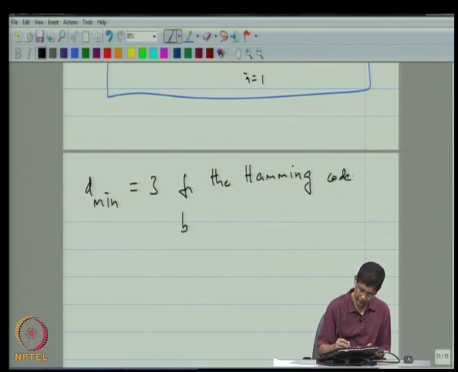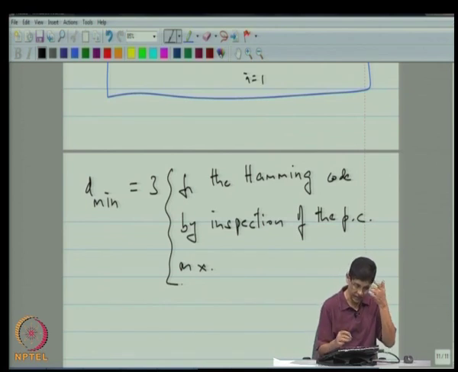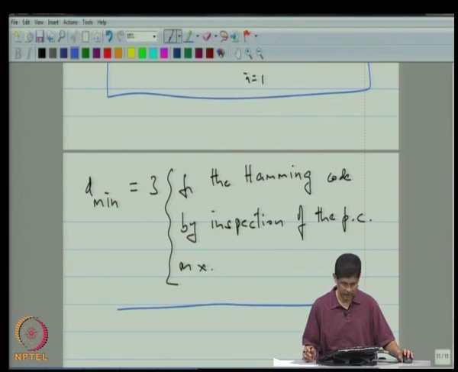by inspection of the parity check matrix. Okay. You might say, well, that is too brief an explanation, but that is fine, because we will actually explain this in detail later.